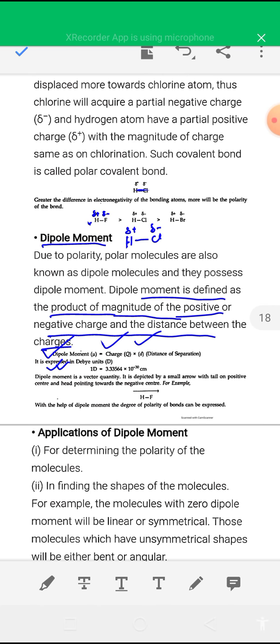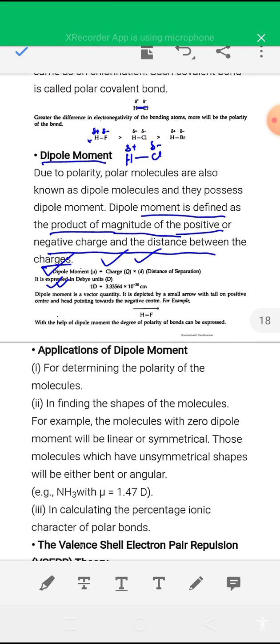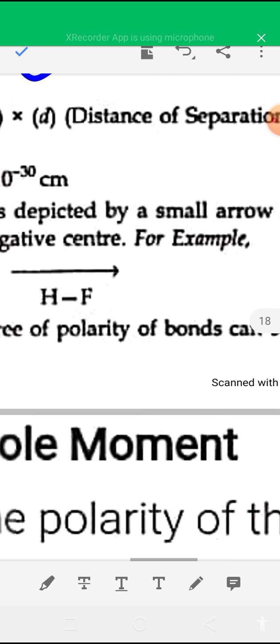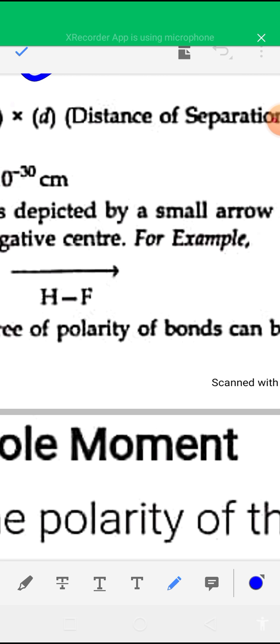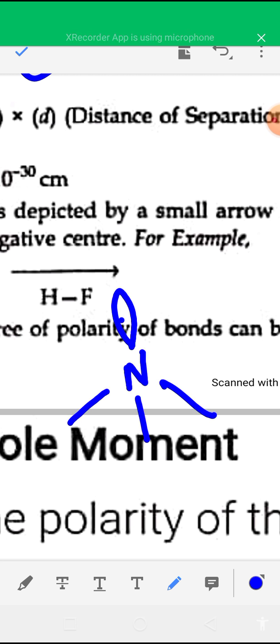So dipole moment is the measure of polarity of a covalent bond, and it is indicated by an arrow. Using this arrow you have to show the electron displacement. For example, in ammonia, nitrogen has 3 covalent bonds and 1 lone pair, and the lone pair movement is always in this direction.